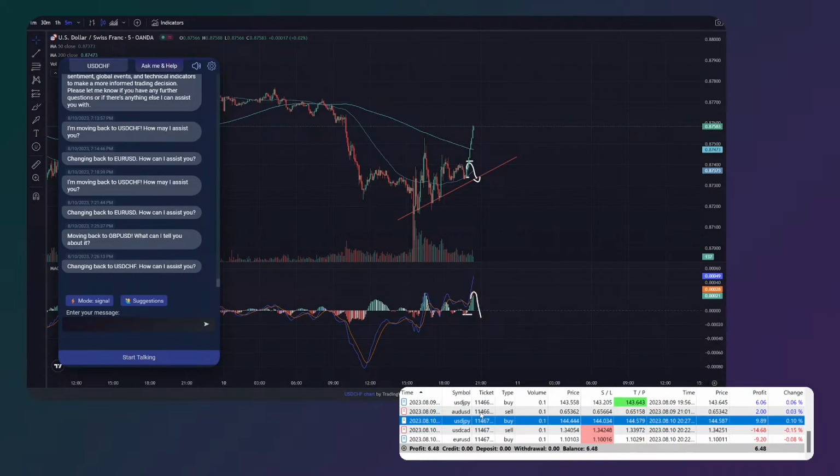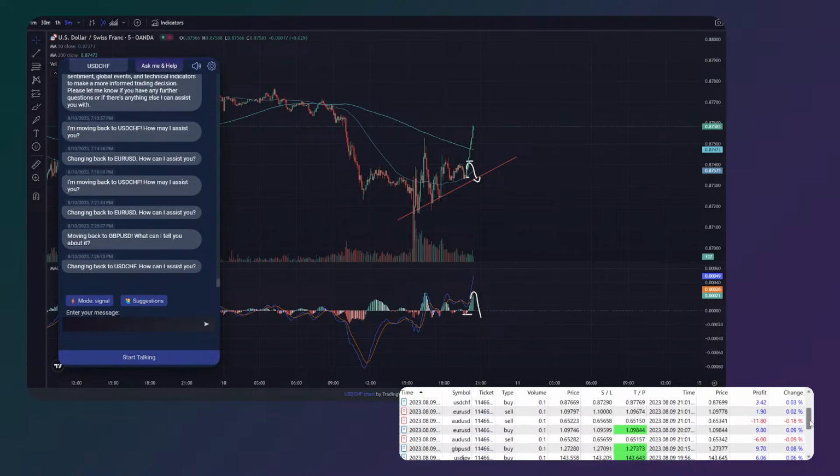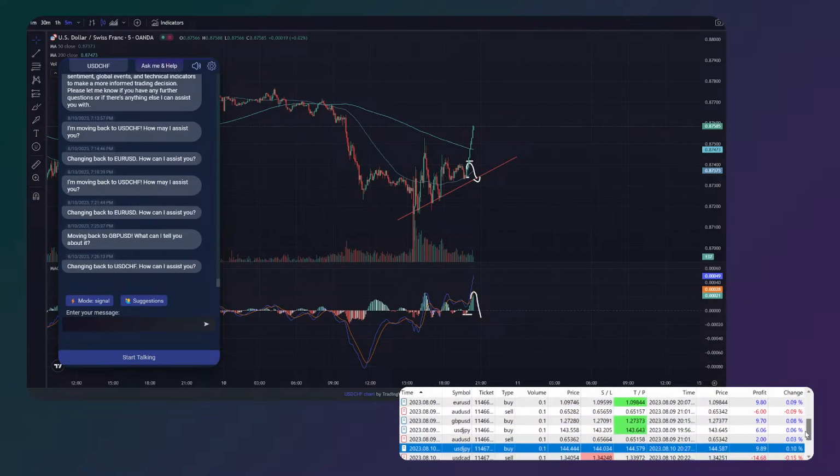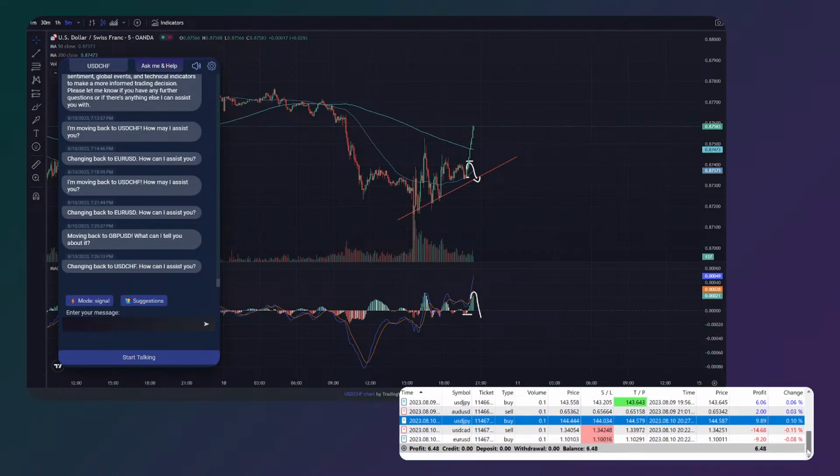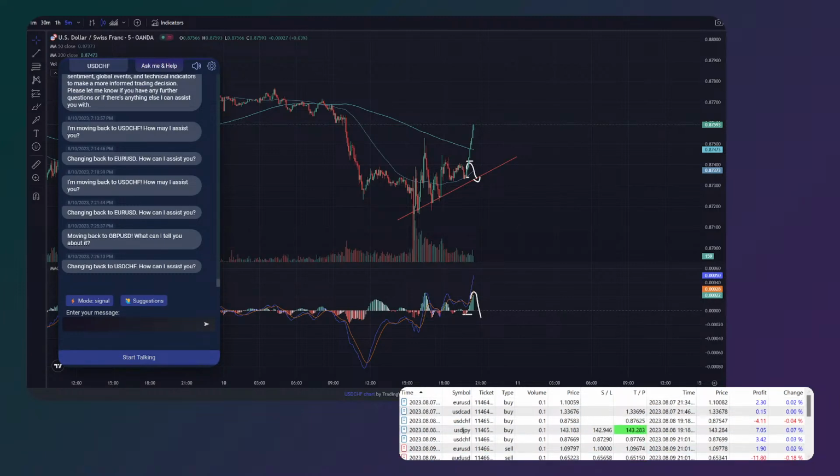So that was this trade over here. Thinking about the trades I've been doing here so far, most of the take profits, if you take a look, were done manually. This was closed manually, this one was closed manually, this one, and so on.